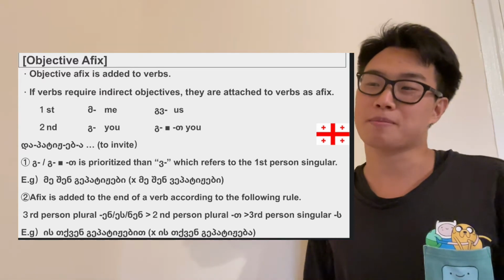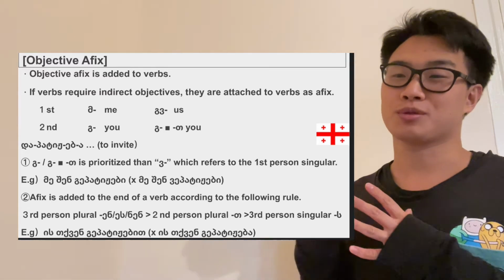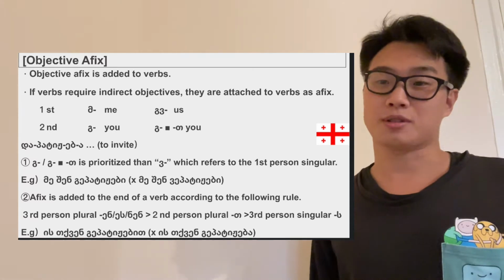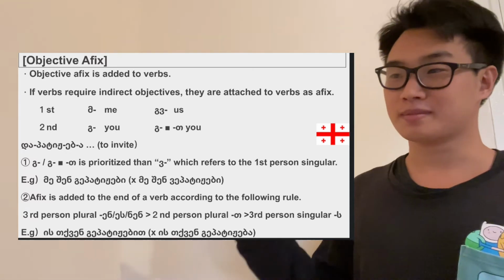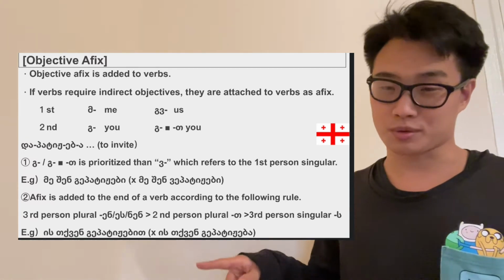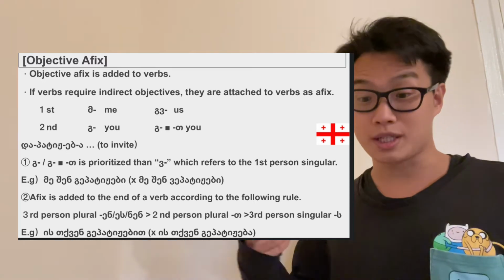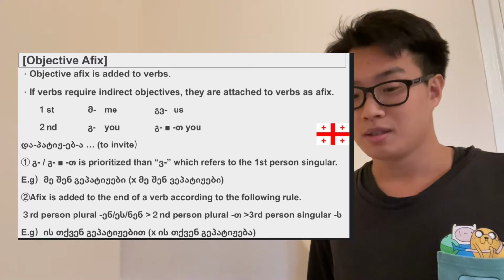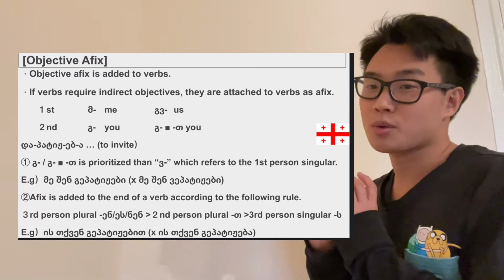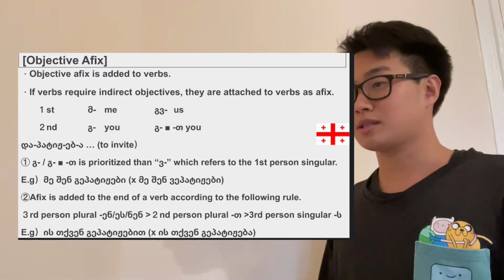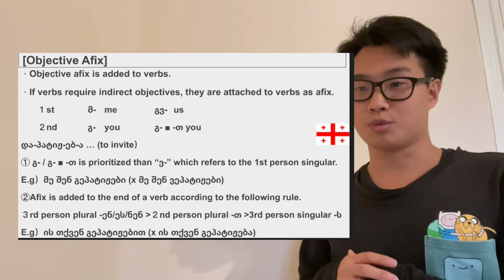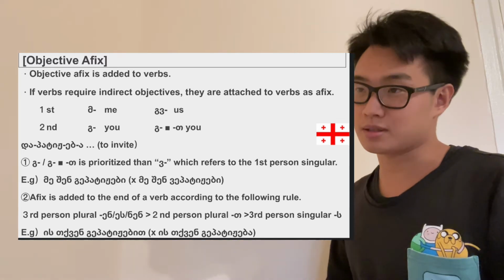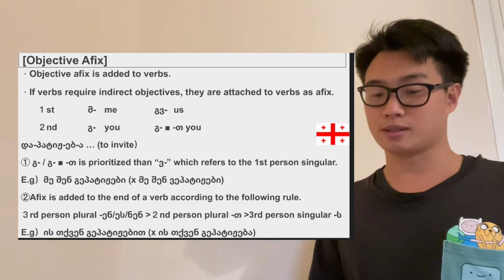So I personally think it's better to read a lot of examples first and then go back to the actual grammatical rules. But anyway, I'm going to explain what it is frankly, and then read the actual examples. I think it's going to be easier for us.